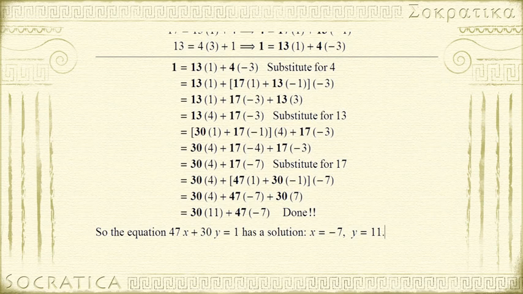Alternatively, you can also write a computer program to take the A, B, and C from your Diophantine equation and generate a solution for you using the Euclidean algorithm and then reversing it. But once you see this, that you can take the Euclidean algorithm and reverse the process and arrive at a solution to ax plus by is equal to the greatest common divisor of a and b.